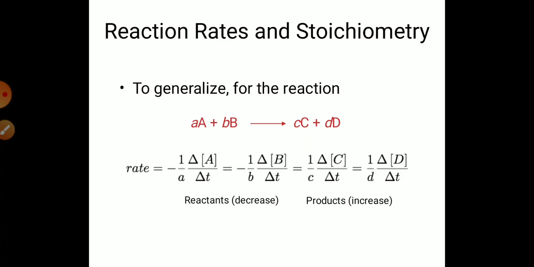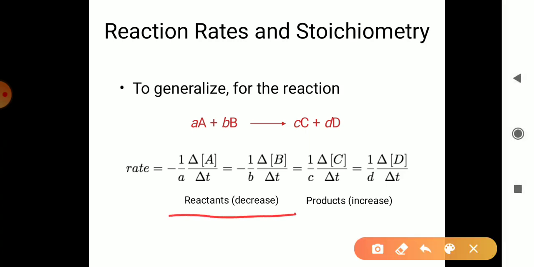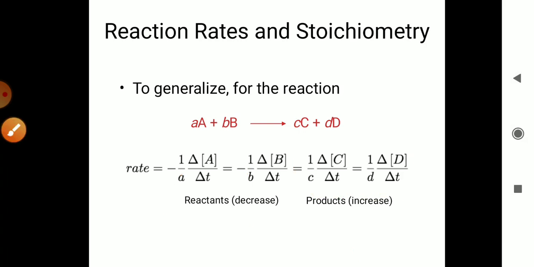So if we calculate the rate, we get minus 1/a Δ[A]/Δt equals minus 1/b Δ[B]/Δt equals 1/c Δ[C]/Δt equals 1/d Δ[D]/Δt.